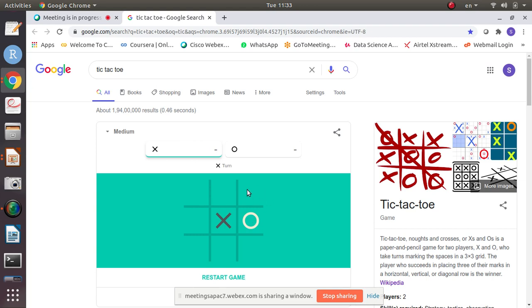Okay, let me select this one. Yes, not shared. 1 minute, 1 minute.